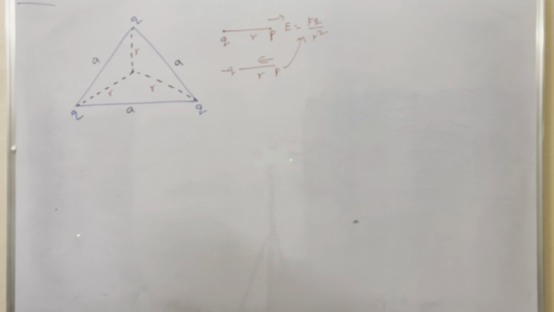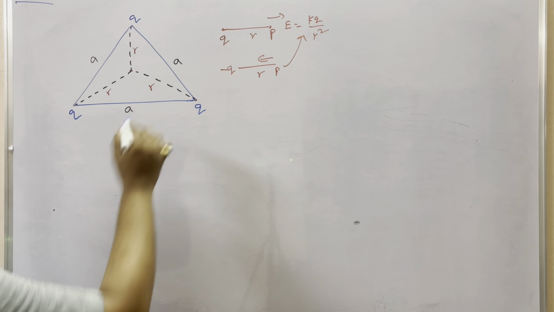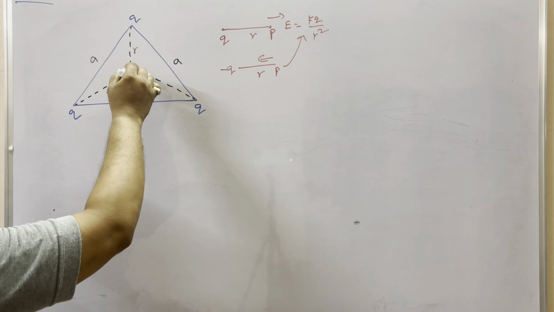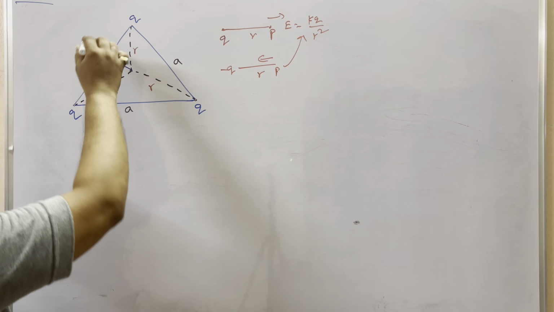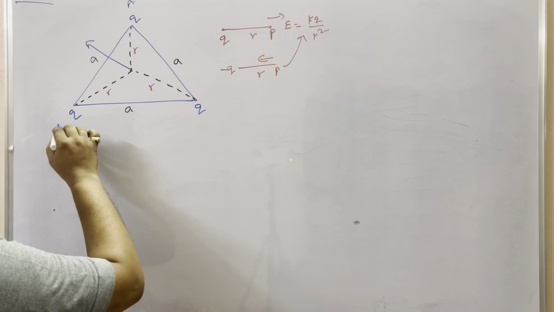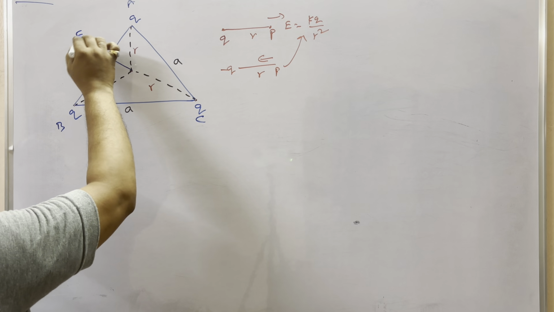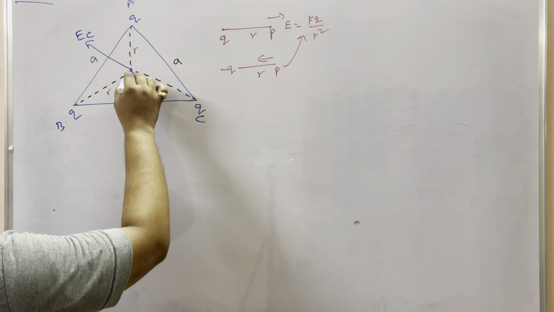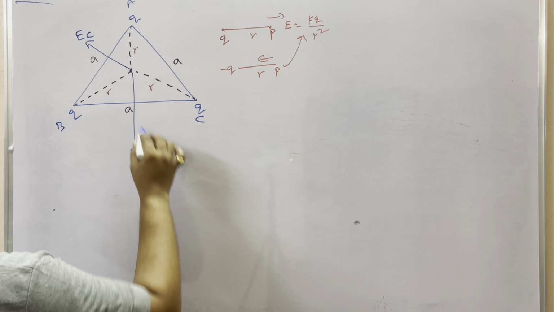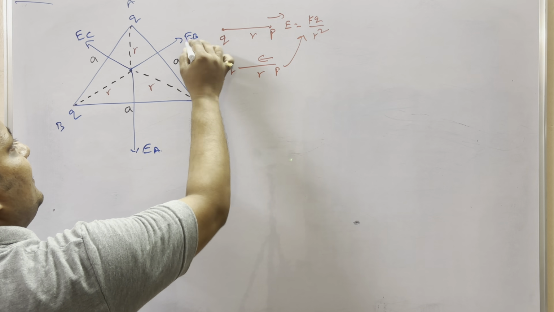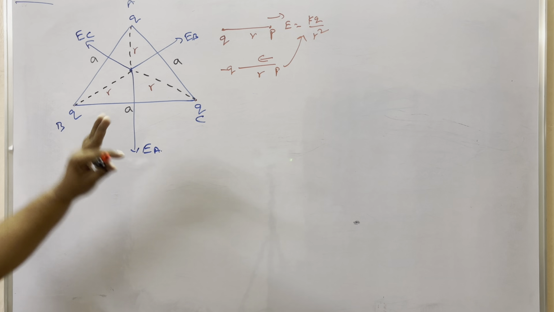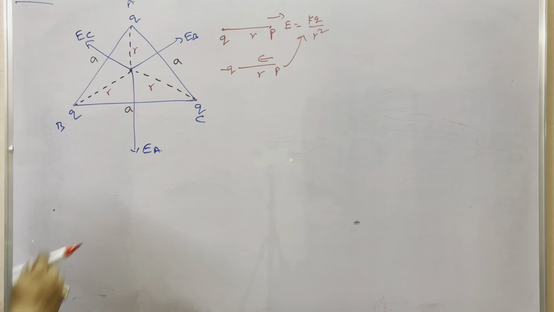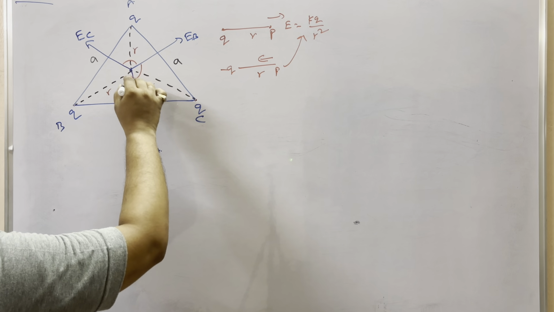Now you can see here, this is a positive charge. Direction is going to be away. A, B, C, this is going to be EA, this is going to be EB, and EC. Same like this, you got forces also, isn't it? What is the angle between these? 120.